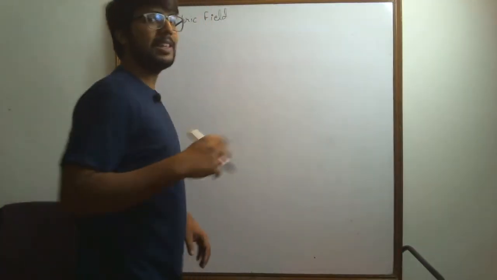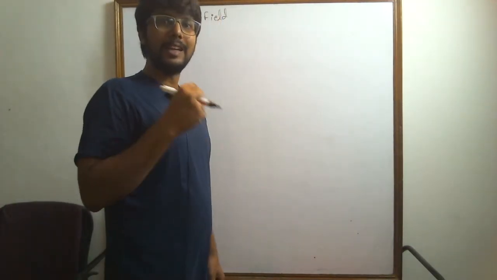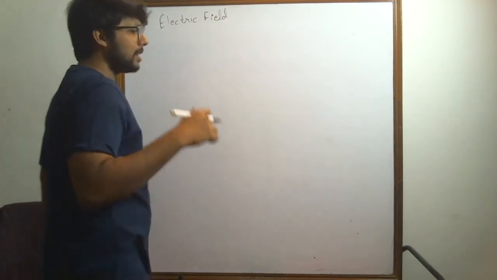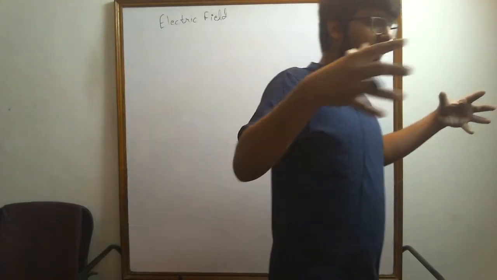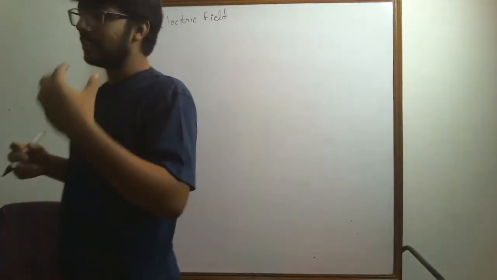So the first thing that we'll start with is understanding what electric field is, right? An electric field is simply an area, a space which has force per unit charge.